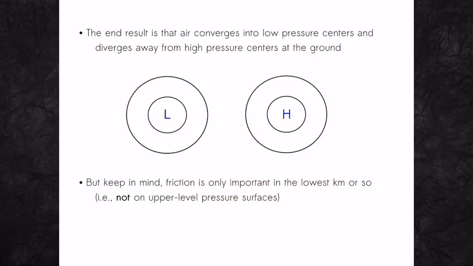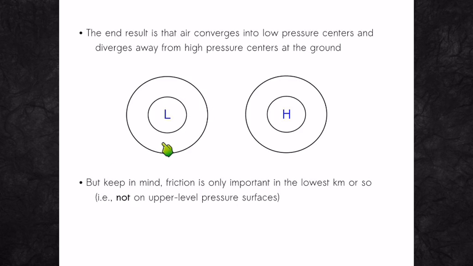Okay, so this is most important on surface maps because it's important down near the ground. And so that means we should think about what this means for cyclones and anticyclones on our surface maps. So let's suppose we've got a low center, a cyclone here, and we're thinking about the winds. From before, the winds were going to end up being counterclockwise around the low center.